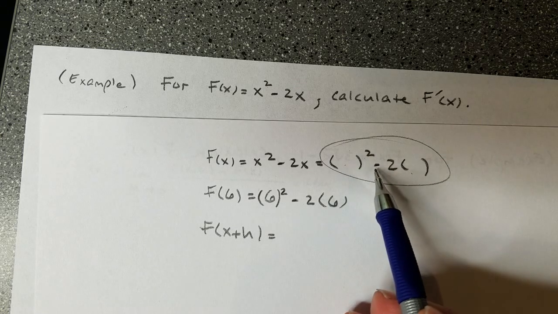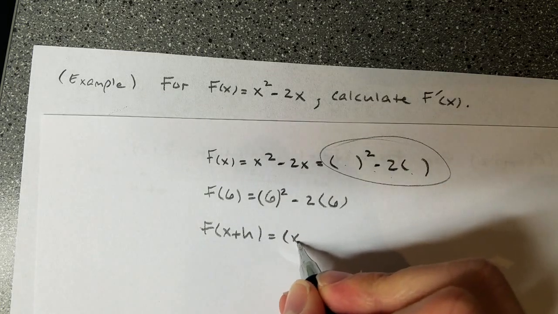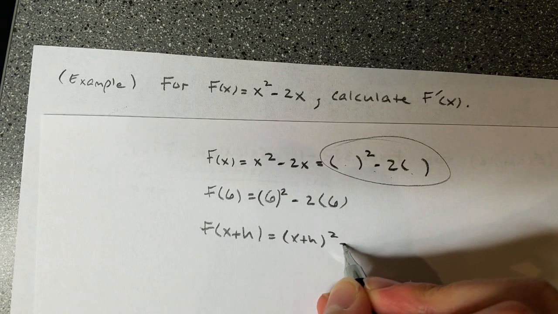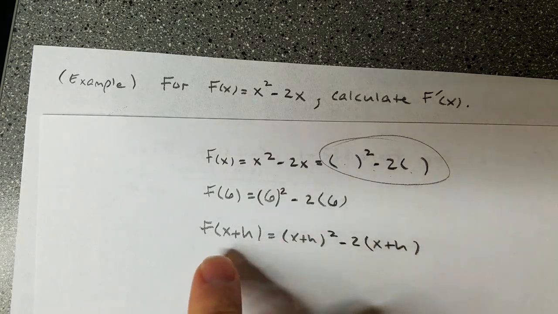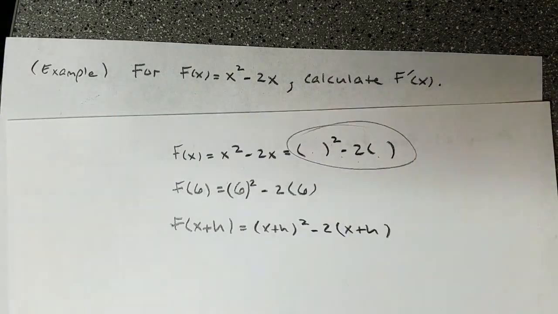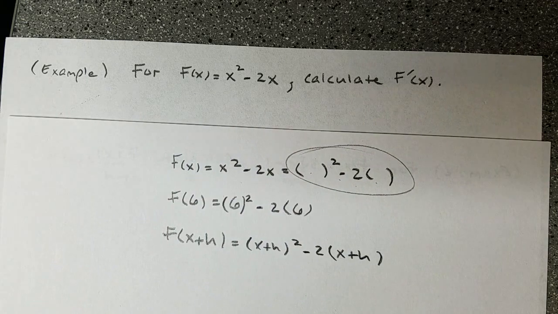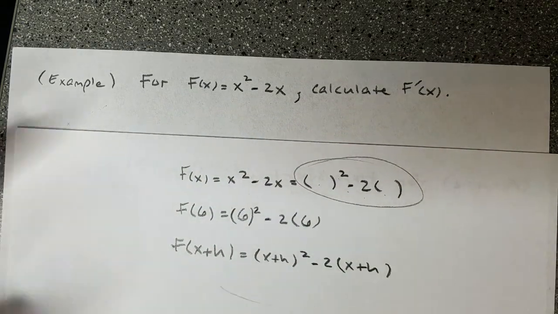And you square it, you subtract, you multiply by 2. So it would be x plus h squared minus 2 times x plus h. That's what f of x plus h is. Okay, now that's a little bit of a side note. Maybe you didn't need me to tell you that. Maybe you did. My experience, most people need me to tell them that and explain it that way.